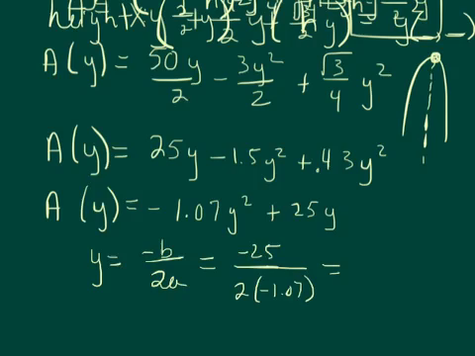Somebody check on their calculator, please. It's a negative over negative, so clearly it's going to be a positive answer. Make sure you put parentheses around your denominator when you type this in your calculator. Hoping around 10-ish.